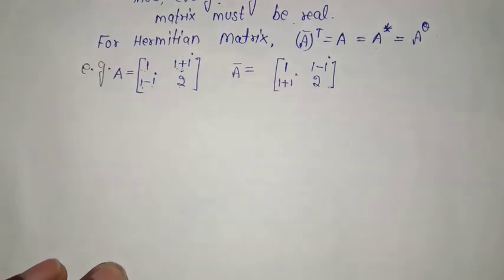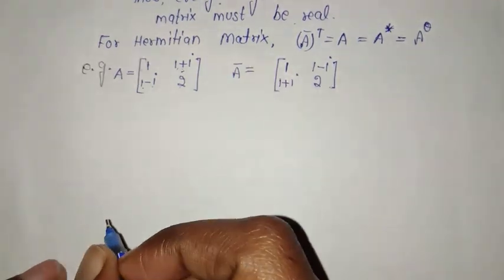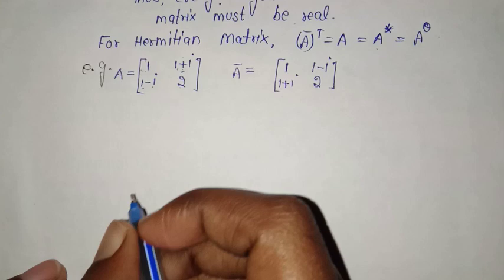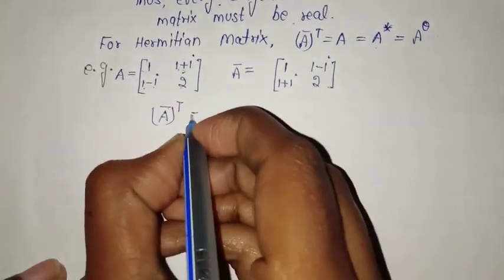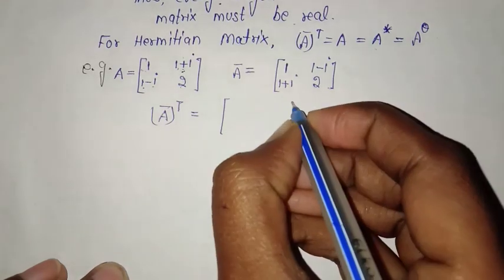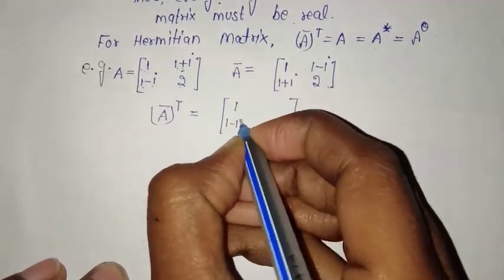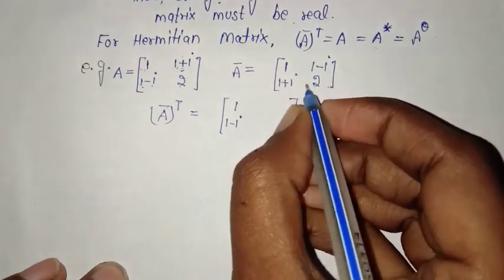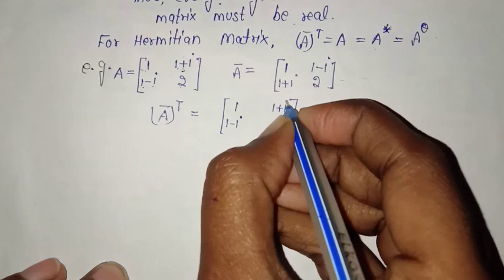Now we have to take the transpose, because we have learned that if the conjugated transpose of A is equal to A, then we say that A is a Hermitian matrix. So let's take the transpose. If we take the transpose of this matrix, the first row becomes the first column, that is 1, 1 minus i, and the second row becomes the second column, so this becomes 1 plus i, 2.